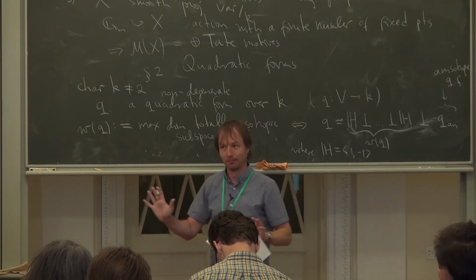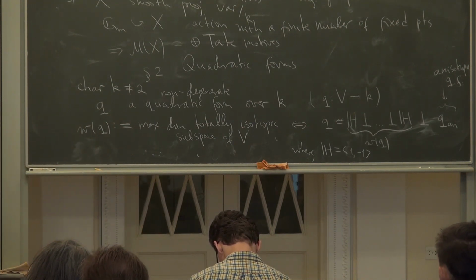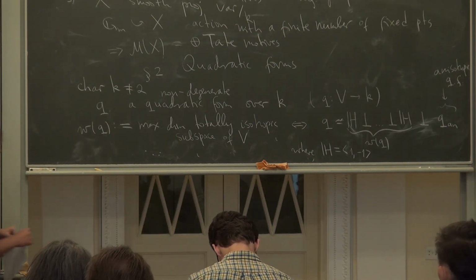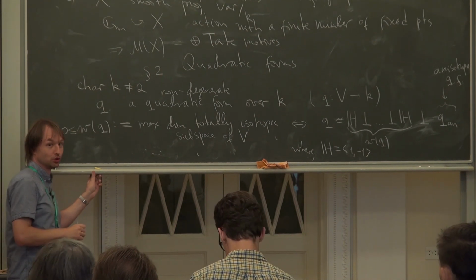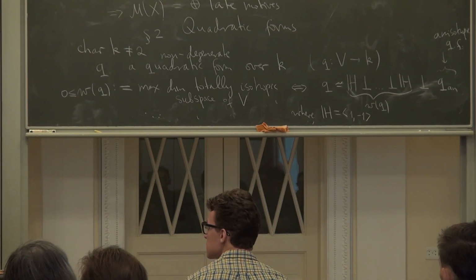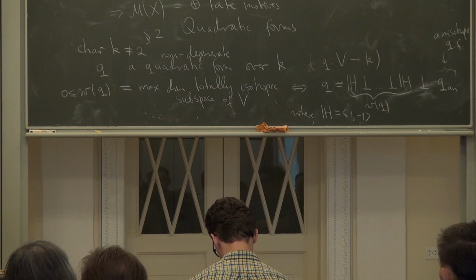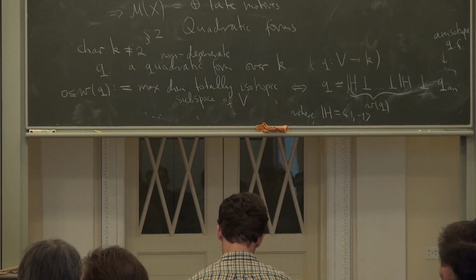It can be 0. If our quadratic form was anisotropic from the very beginning, then we can't split anything. So the width index may be 0. Actually, it's usually 0. But then we can define the higher versions of the width index, namely as follows.